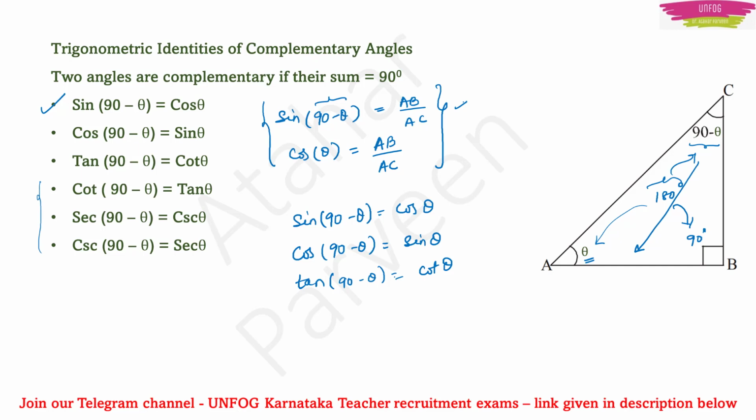That's the reason why I am trying to derive at least one formula or one identity from the list. Now I think it is clear why we always say that sine of 90 minus theta is cos theta and cos of 90 minus theta is sin theta.